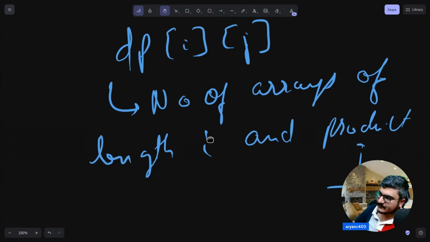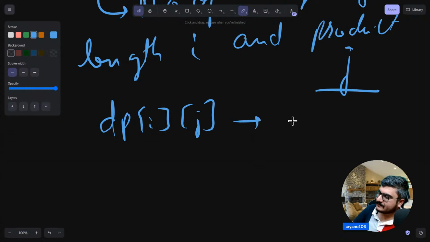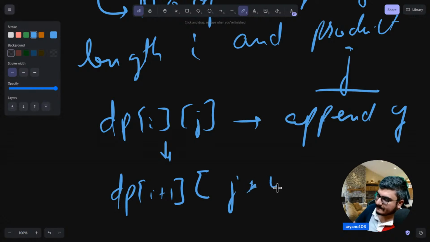And let's say for all these arrays, I append y. So the new length would be i plus 1, and the new product would be j times y, right?